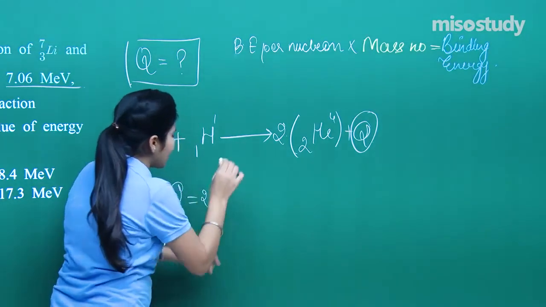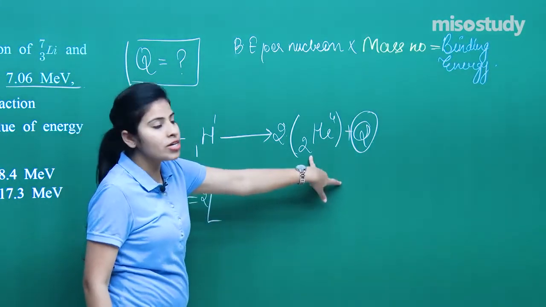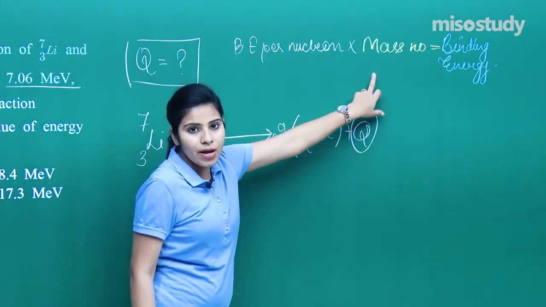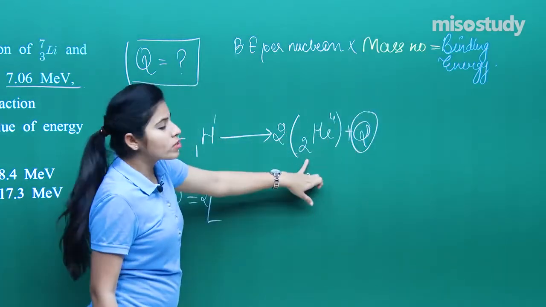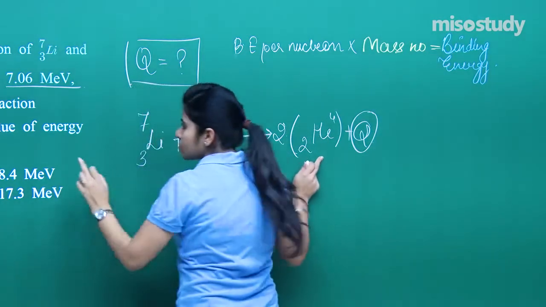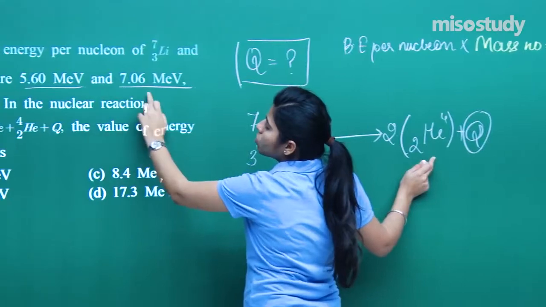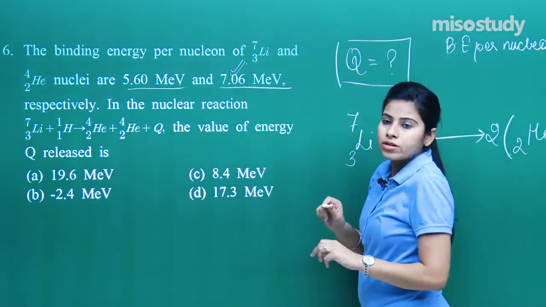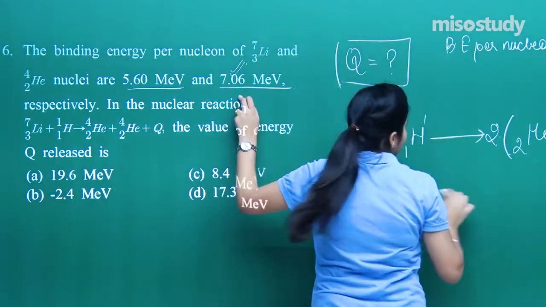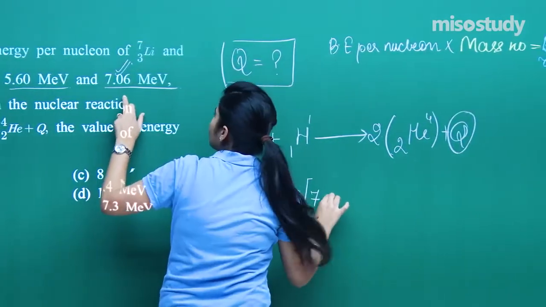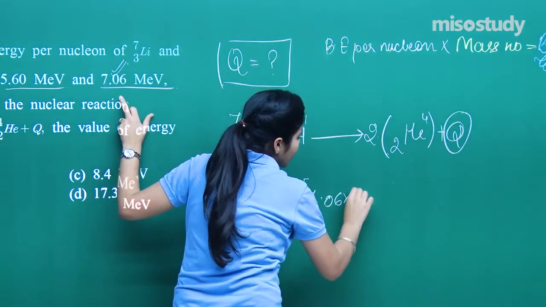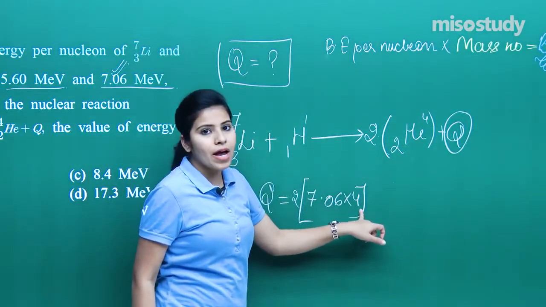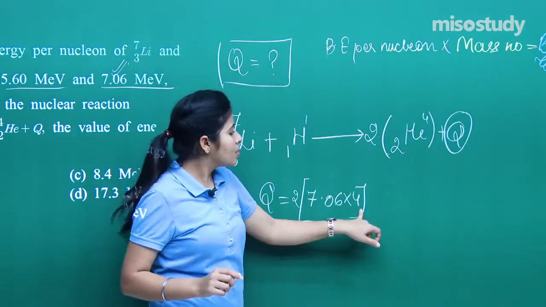So 2 multiplied by, what will be the energy? Binding energy is binding energy per nucleon multiplied by mass number. So for the helium, we have been given the binding energy per nucleon as 7.06 mega electron volt. So let me just write over here 7.06 multiplied by 4.